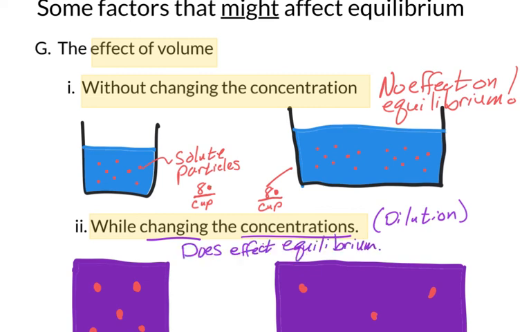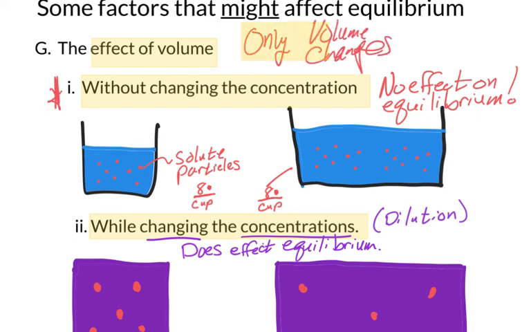But to understand how the change in concentration changes the equilibrium, we would actually need to do a lot more analysis of the material. So in this class, we stop here and we are going to assume that if we change the volume, that we are changing only the volume, not the concentration, in which case there is no effect on the equilibrium.